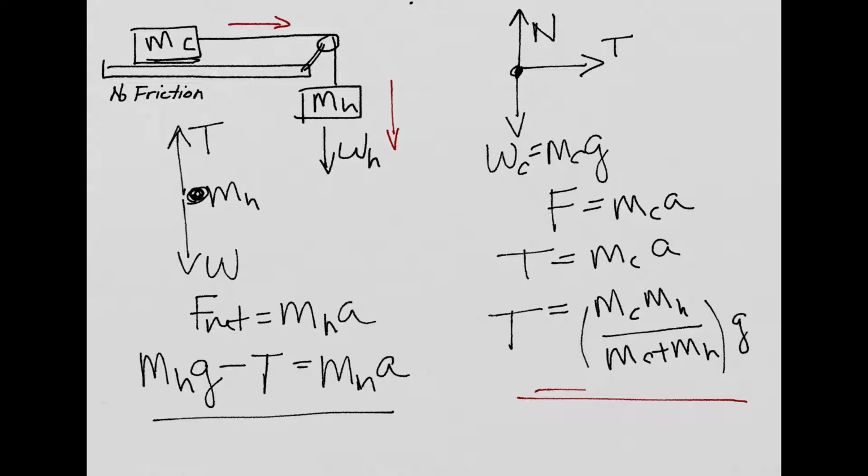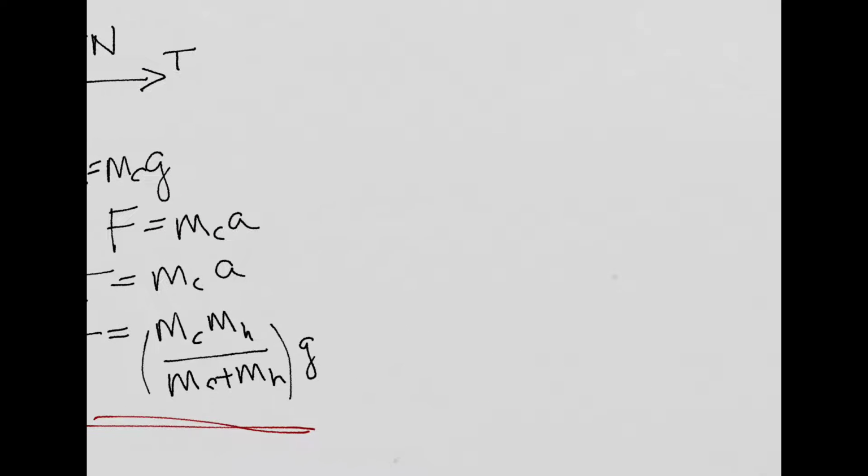Can I look at this as two different systems and come up with the same equation? So this is where the algebra got messy in class, and I kind of goofed things up. What we know though is that the acceleration is the same for both. If I look at it just from the point of view of the cart, tension divided by the mass of the cart is equal to its acceleration.